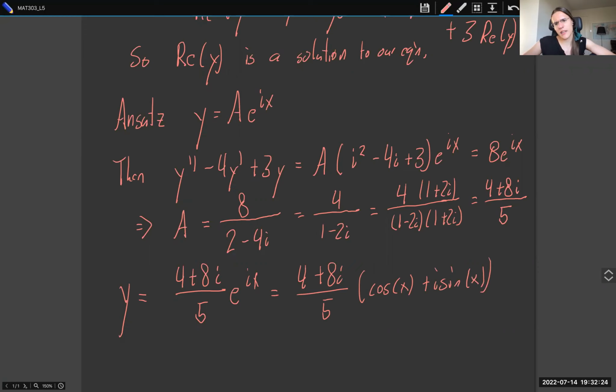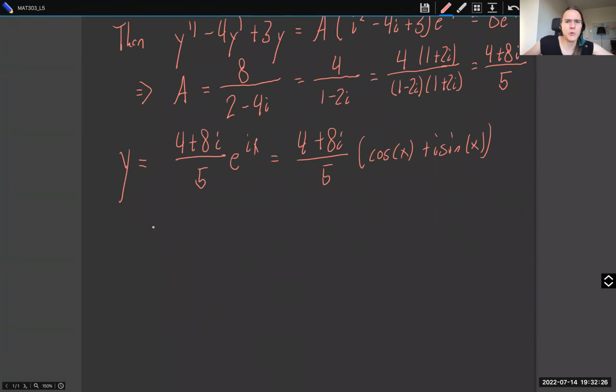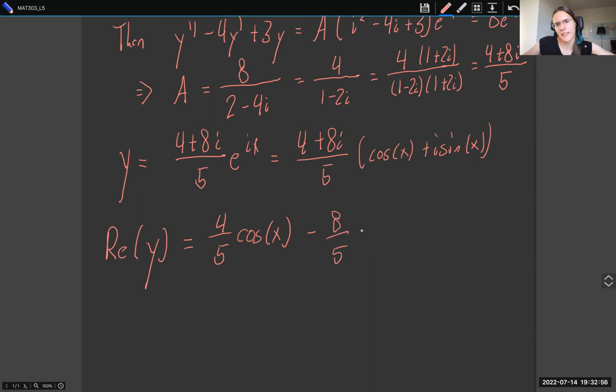Now, instead of multiplying it out, I'll just write what the real part is so that I don't have to calculate the imaginary part. The real part is going to be real times real and imaginary times imaginary, because the other things are imaginary cross terms, right? So what we're going to get is 4/5 cos x, and then minus 8/5 sine x.